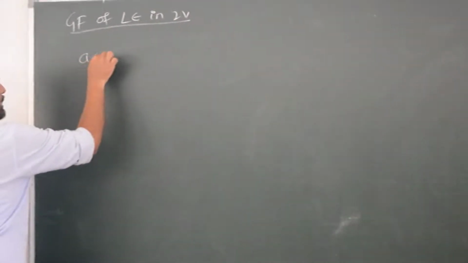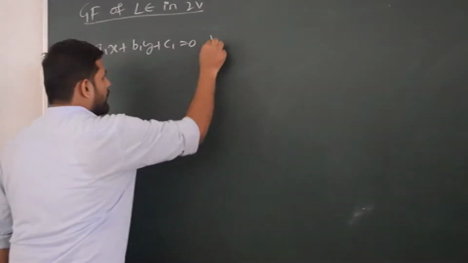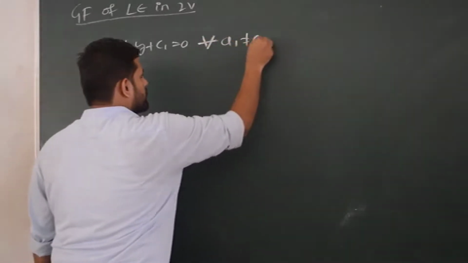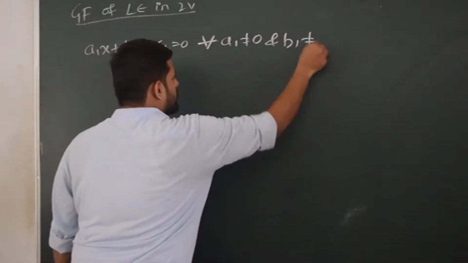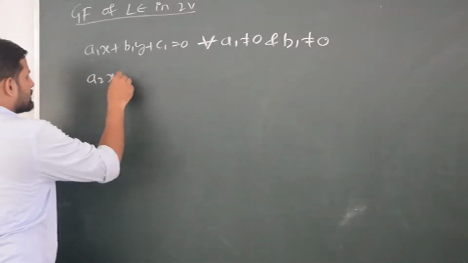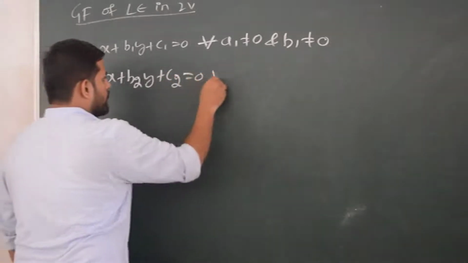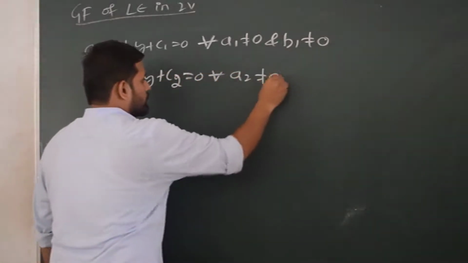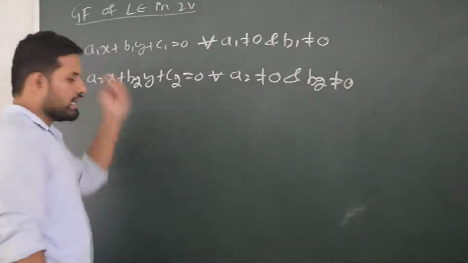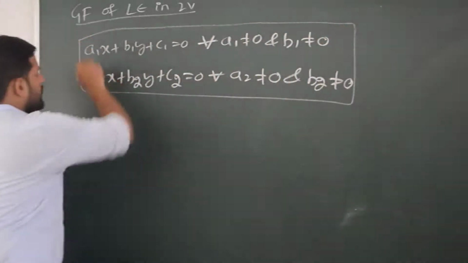It is like a1x plus b1y plus c1 is equal to 0, where a1 is not equal to 0 and b1 is not equal to 0. Correct? Now similarly, a2x plus b2y plus c2 is equal to 0, where a2 is not equal to 0 and b2 is not equal to 0. c1 and c2 can be anything.